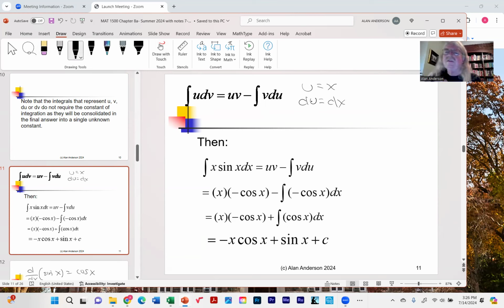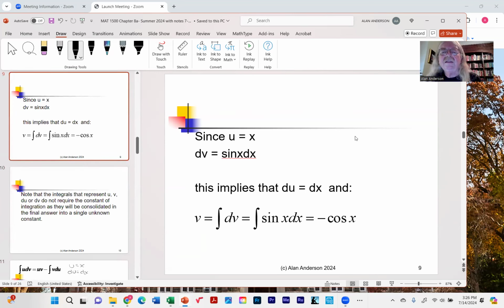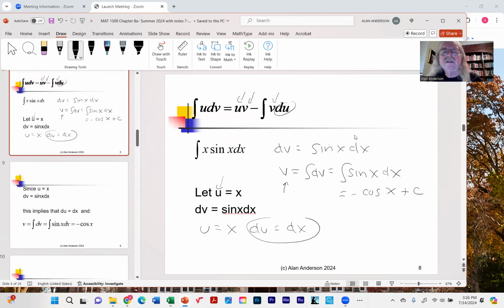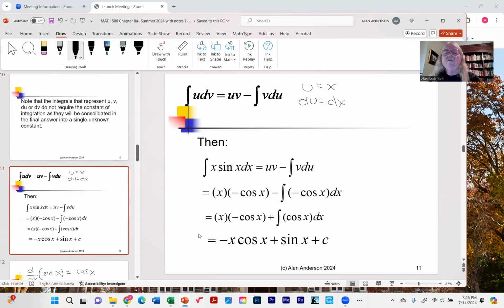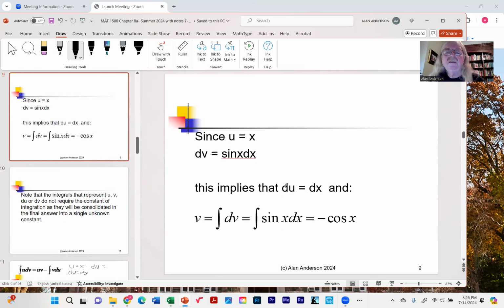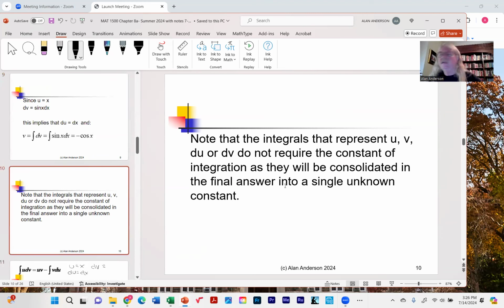I'm going to have to discipline myself to make sure that I don't get too sloppy here. V is, as we've just seen, by taking the integral, negative cosine x, and we're not going to need to include the constant in that. We're just going to save it for the end. So dv, we've already chosen to be sine x dx.